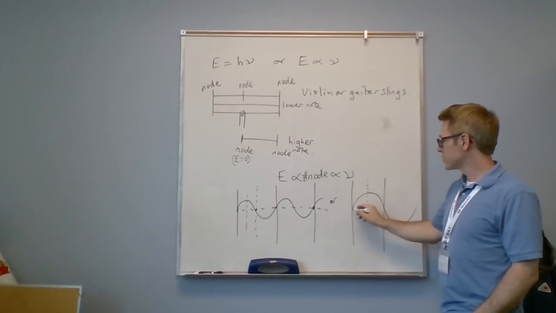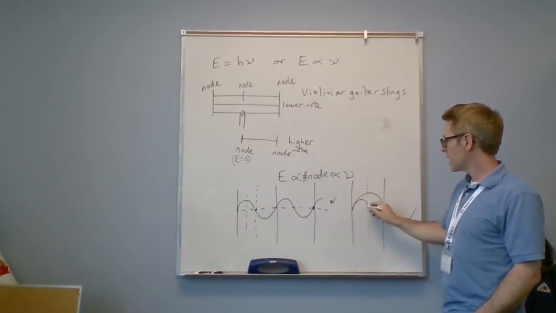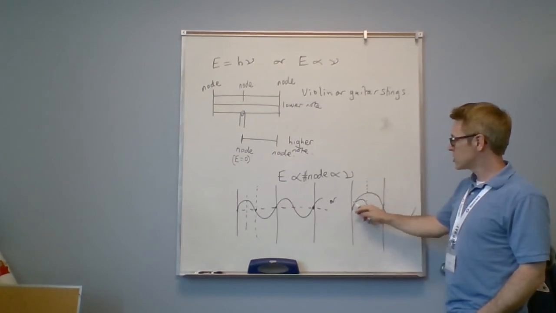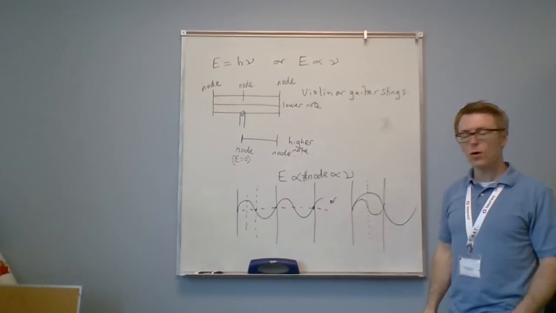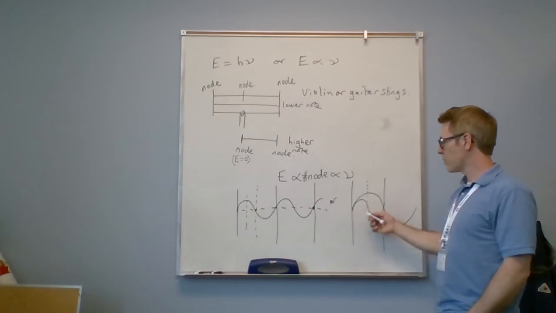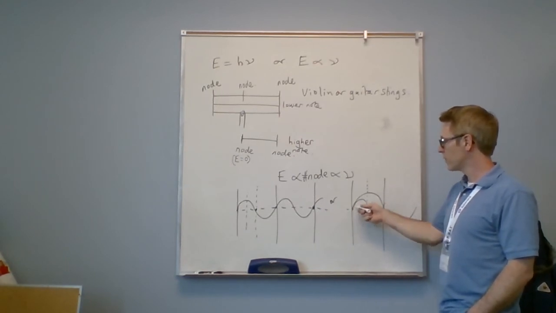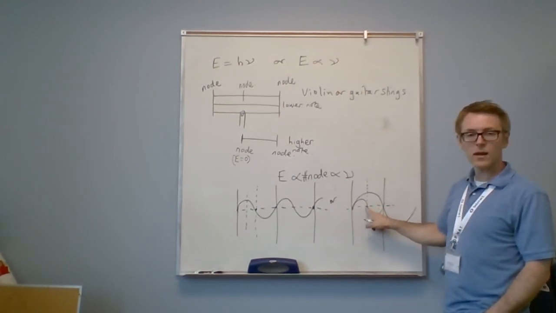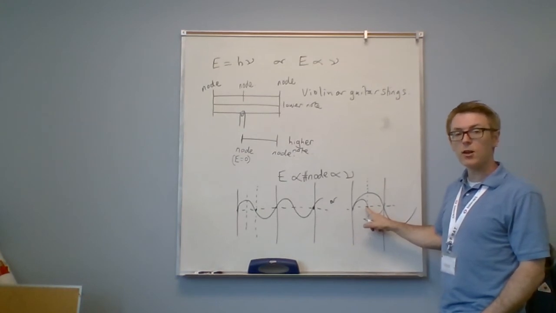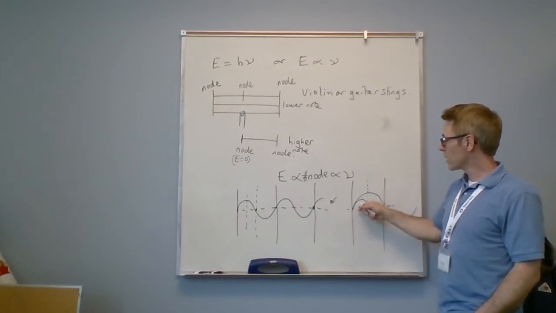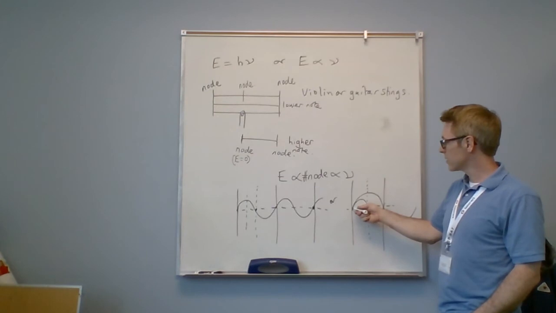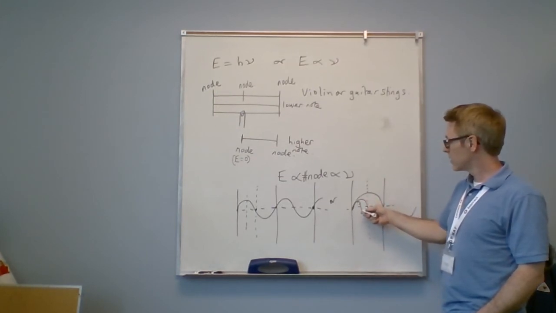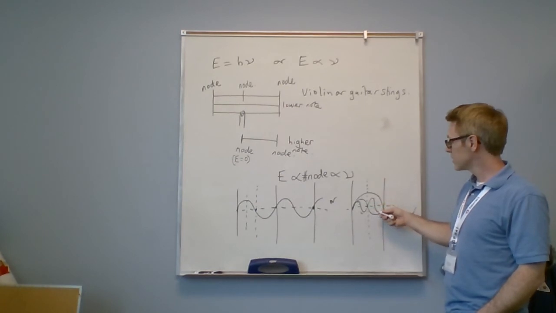So if this happens, what would instead happen is I would have to change the pitch of the note. The note would have to respond by having a node in the middle. So I could do this, or I could do this.